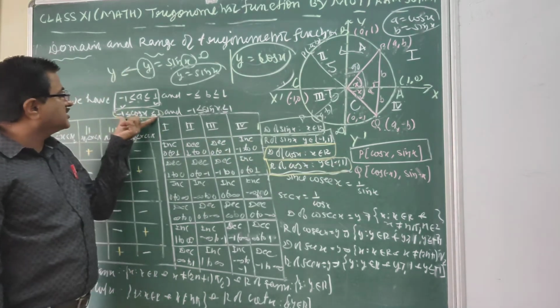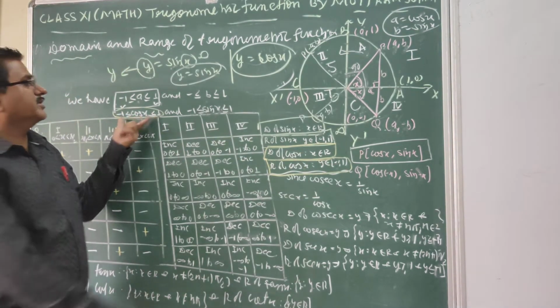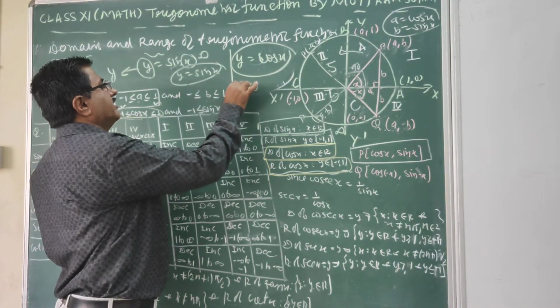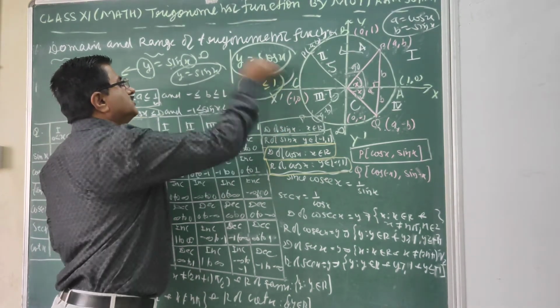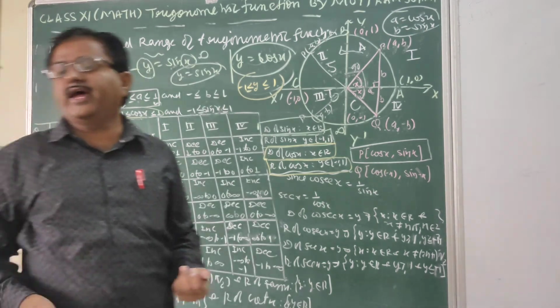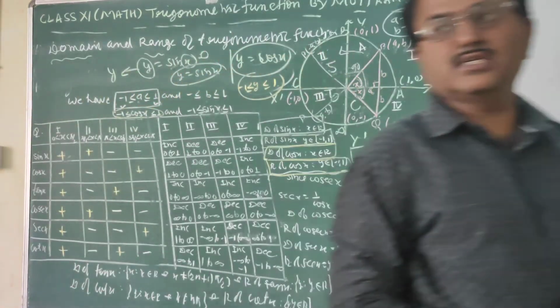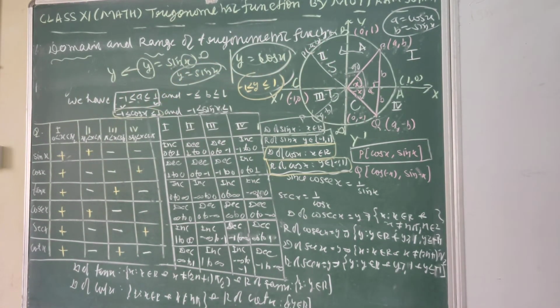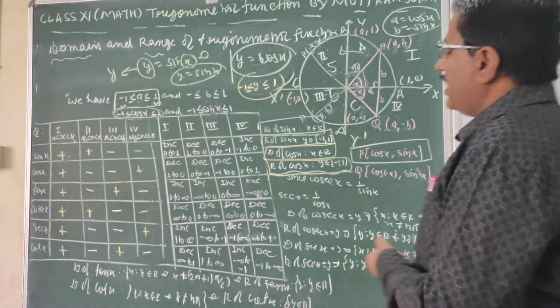Or you may write it in this form: y is less than or equal to 1 and y is greater than or equal to -1. This is for both. The range of sin x and cos x is always -1 to +1, and the domain of cos x and sin x is all real numbers.